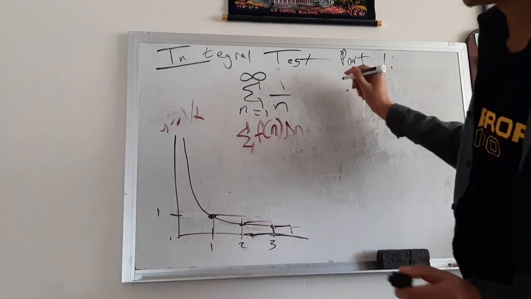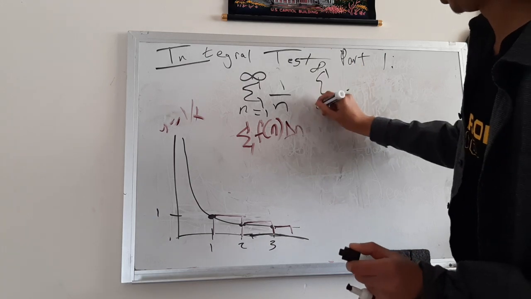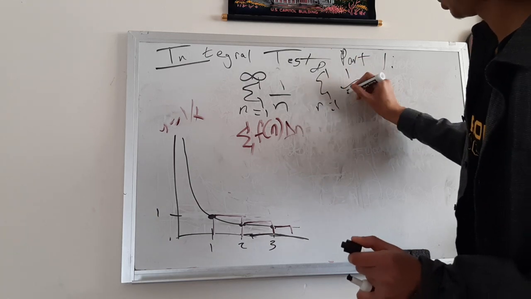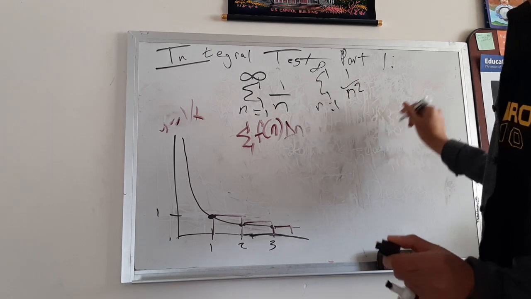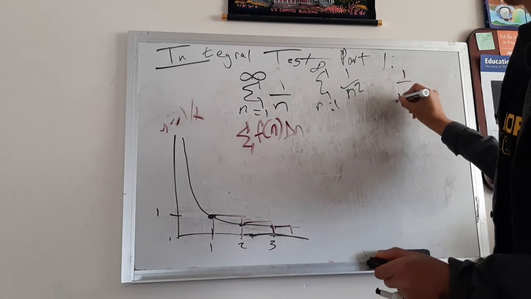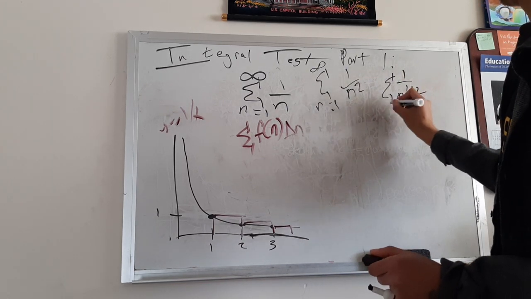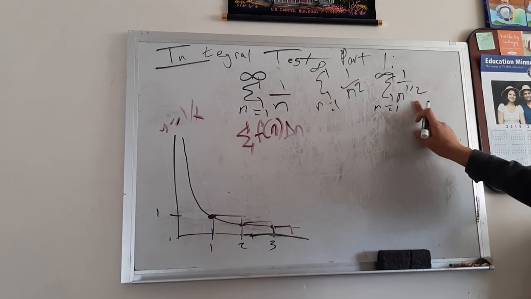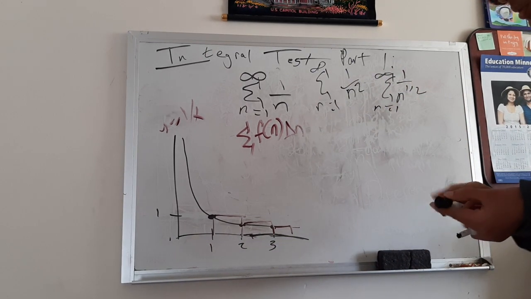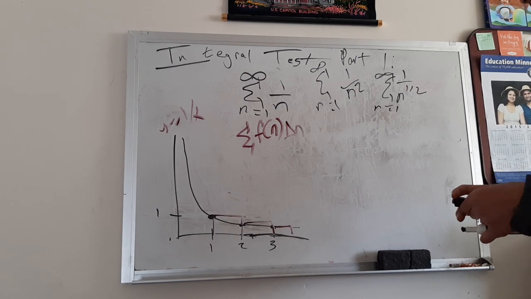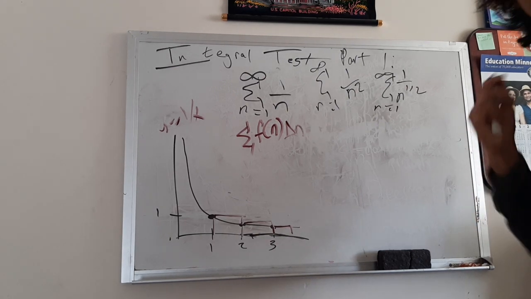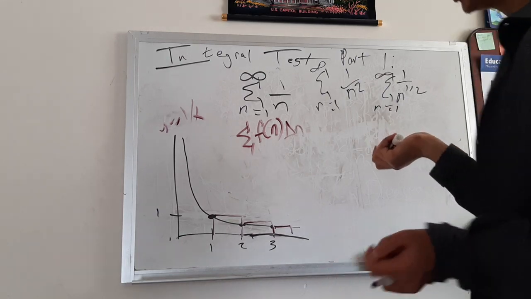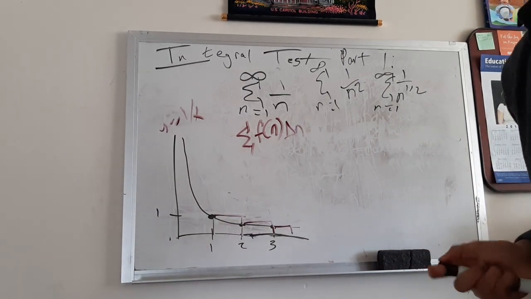Just like this series, then n squared, and the same thing, but with the square root of n. So you can see just how p-series work. And just prove to yourself that the p-series test makes sense, because there's not going to be a video on this, since it's just derived from the integral test.